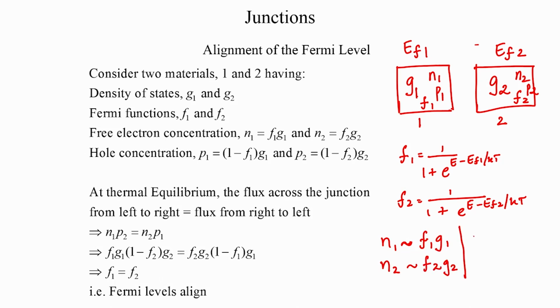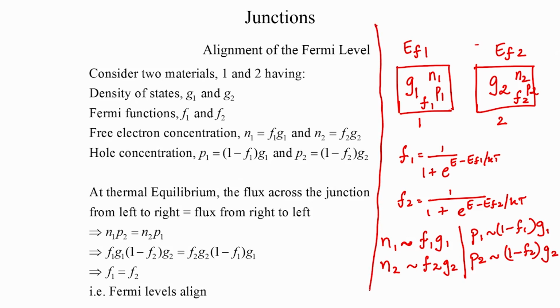And what is the probability of non occupancy, that is the probability of finding holes? It is 1 minus F1 times G1, and in material 2 it is 1 minus F2 times G2. So, these are the parameters that we have in material 1 and material 2.